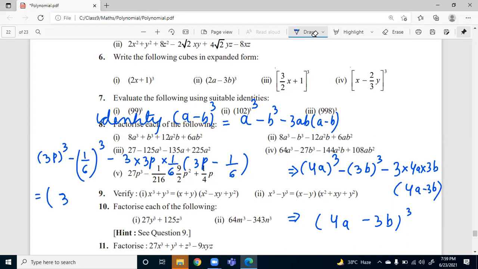I have to erase what I have written on the screen, then I can show. Just a minute. Okay, ma'am, minus. So it gets converted into 3p minus 1 by 6 whole cube, a minus b whole cube.